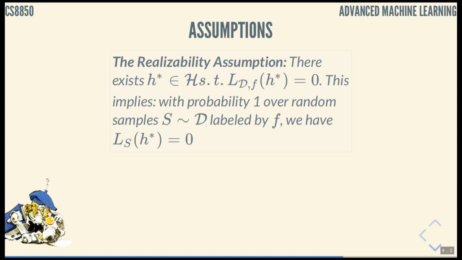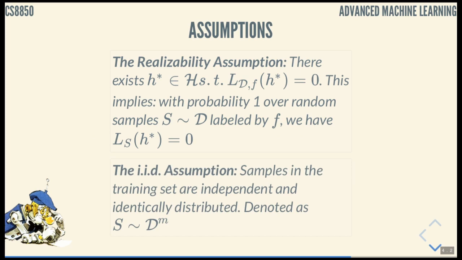This implies that with probability 1 over random samples S from our data distribution labeled by F, we have that loss of this H star equals 0. Basically what that means is that there is a way to find an F; our capital H class of classifiers contains F.